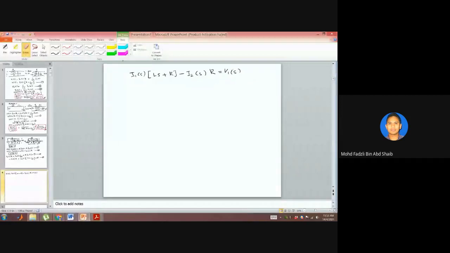Another equation is, we rearrange it, so it will become minus I1S times R plus I2S times R plus 1 over CS equal 0.